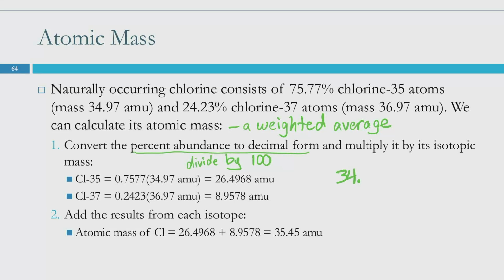So 34.97 AMU, the 75.77% gets converted to decimal form. You multiply it by the AMUs. And then you add to that the same thing for the other isotope. And you would do this for however many isotopes you have.